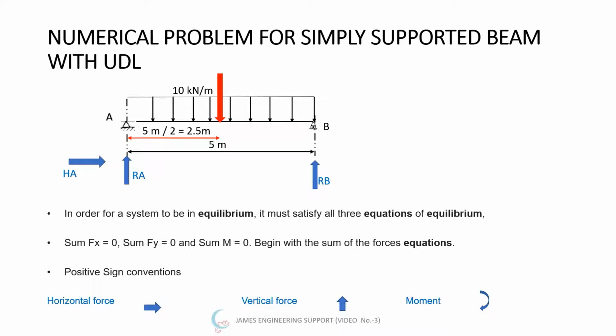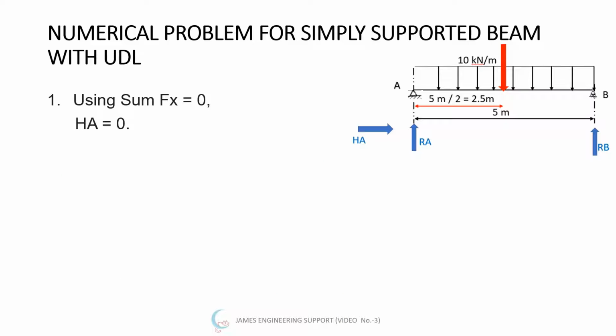Simply supported beam with UDL. So here we are considering the 10 kilonewton per meter of load on a 5 meter length beam, and let's start the problem. HA will be equal to 0 as there is no horizontal force.